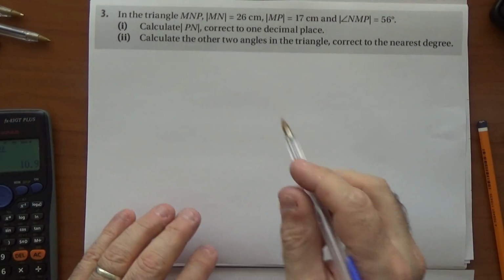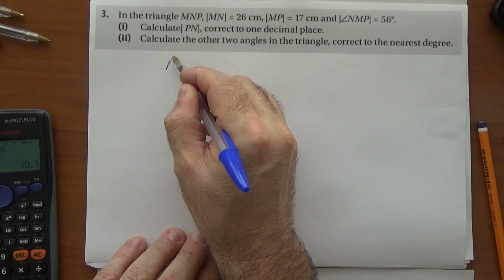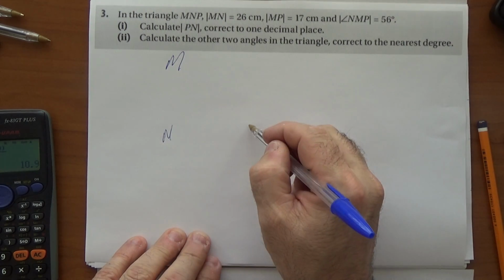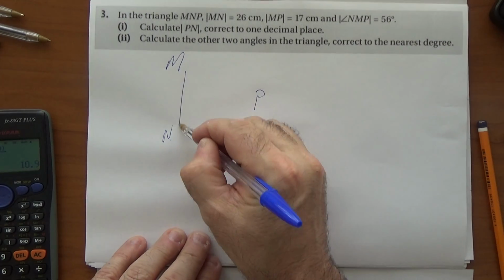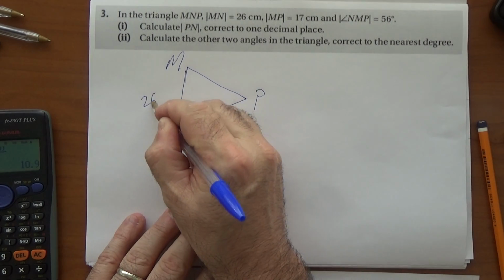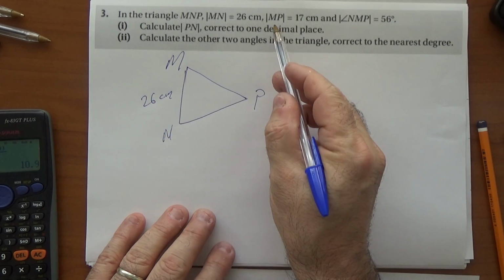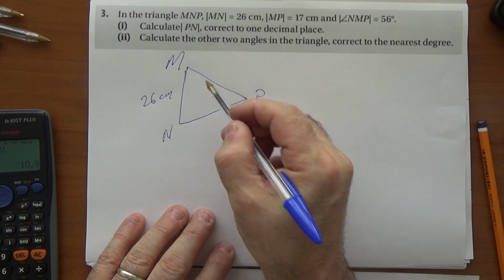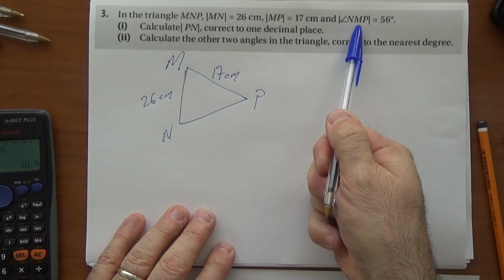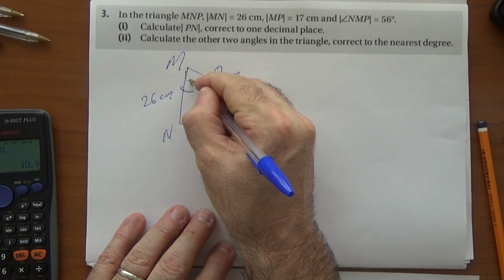Moving on now to question 3. M, N and P, M, N and P. M, N is 26 centimeters, M and P is 17 centimeters, angle at M is 56 degrees.